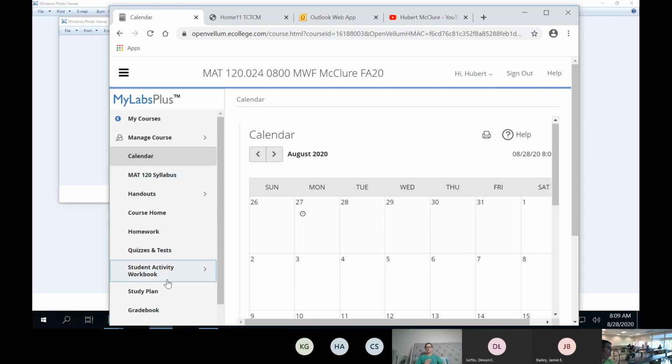I had one person call me and say, when I get there, I see MyLabs Plus and there's nothing there. Well, they were having problems with the pop-ups, and they were using Microsoft Edge. They used Firefox or Chrome, and everything showed up fine.